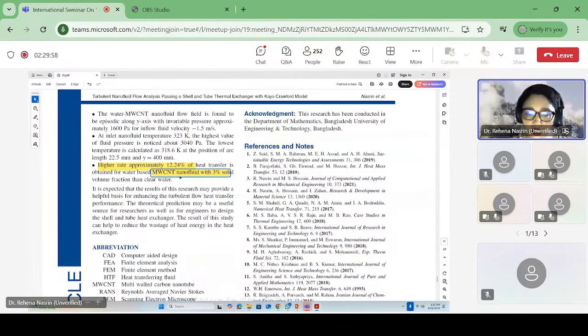Nanoparticles are always in powder form, and when we mix them in the base fluid, then after a few steps we get the nanofluid.